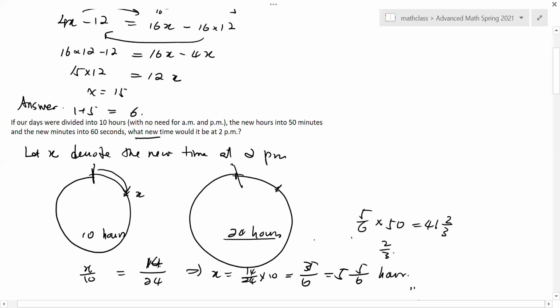Then 2 over 3 times 1 minute, with 1 minute equal to 60 seconds, gives 40 seconds. So now you can say 5 hours, 41 minutes, 40 seconds.